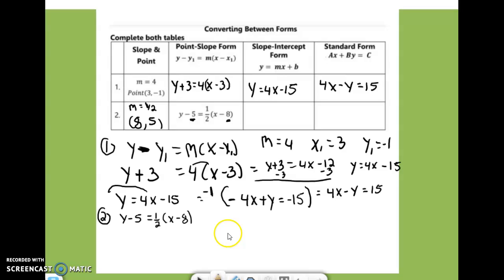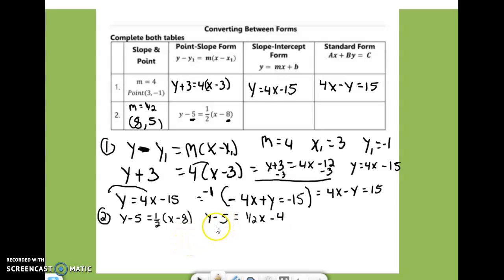Okay. So you follow order of operations. I'm going to distribute the half, right? So I have y minus 5 equals half x, right? Half of negative 8 is negative 4.